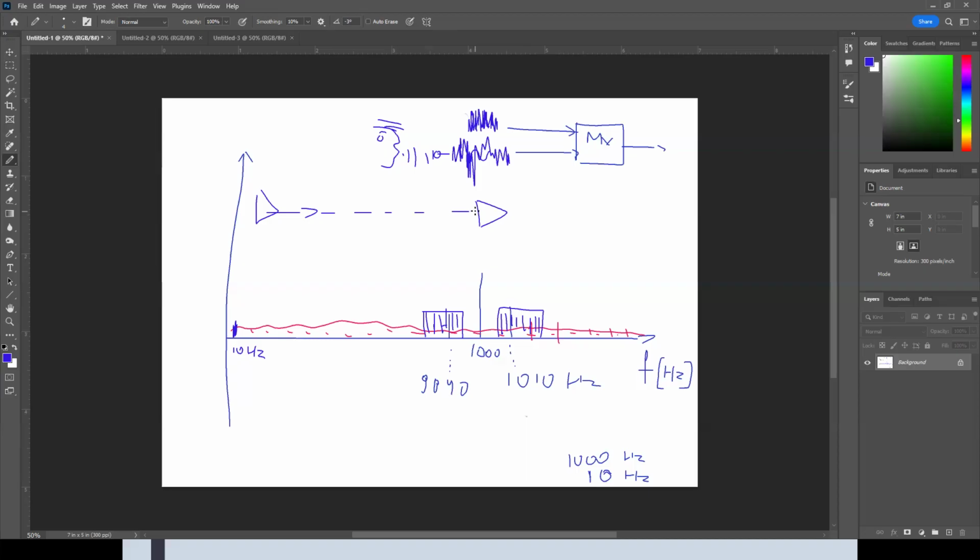Then, if the input of the receiving amplifier is tuned to this frequency, that is being presented by the output of this transmitting amplifier or the source, then we can enclose a message here.